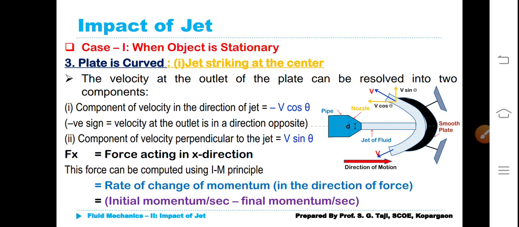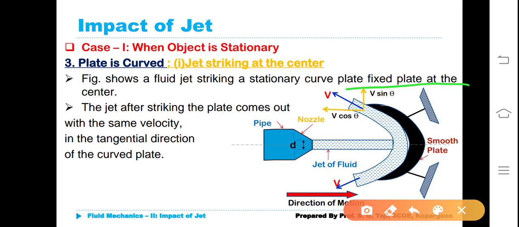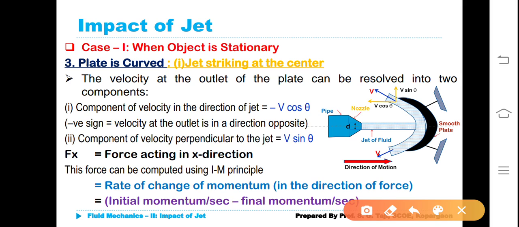Case 1, when the object is stationary, jet striking at the center. The velocity at the outlet of the plate can be resolved into two components. The jet, after striking the plate, comes out with the same velocity in the tangential direction. Component of velocity in the direction of jet, that is in this direction.